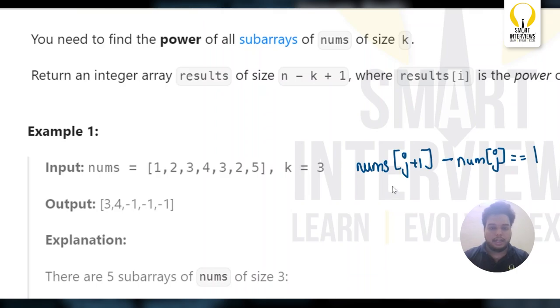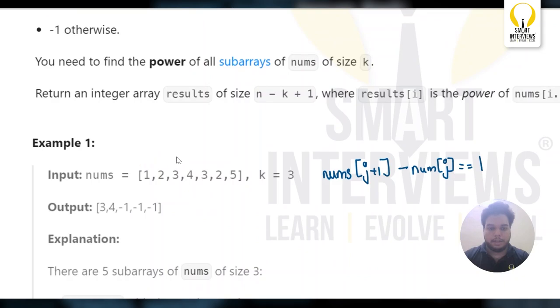So with this idea, for every subarray, we'll iterate on each subarray and check if it is consecutive or not. If it is consecutive, we'll store the maximum variable in our answer. Otherwise, -1.